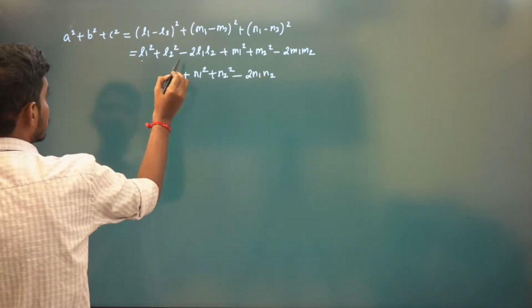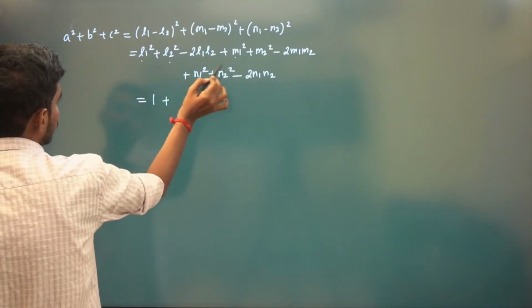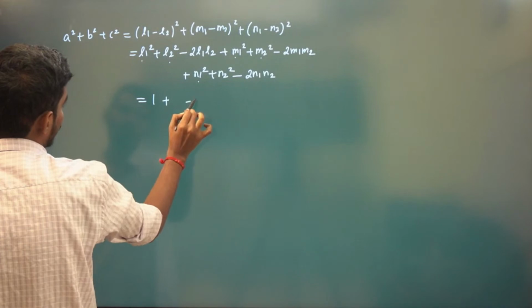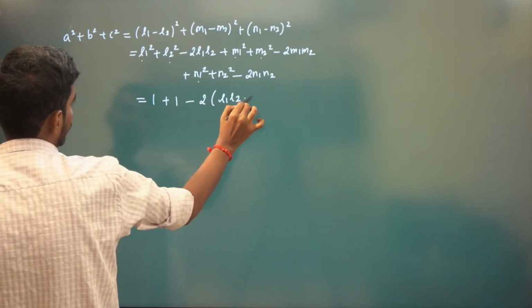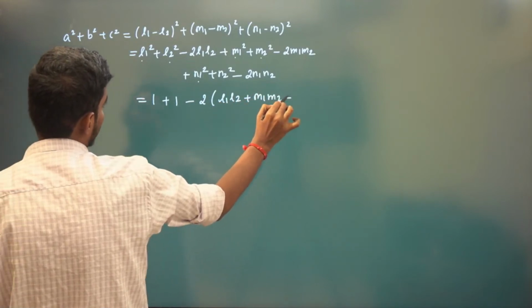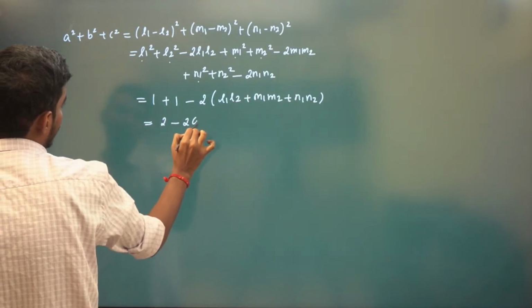Again, L1 square plus M1 square plus N1 square is 1. L2 square plus M2 square plus N2 square is 1. If I take 2 outside, we will have 1 minus (L1 L2 plus M1 M2 plus N1 N2). It is 2 minus 2 cos theta.